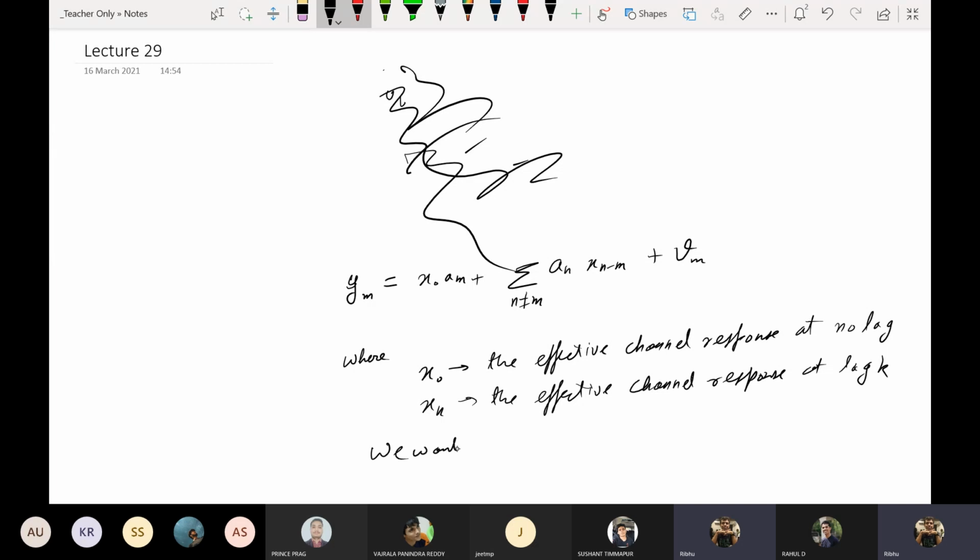We want that x_0 equals 1, and x_k equals 0 for k not equal to 0. Fine.